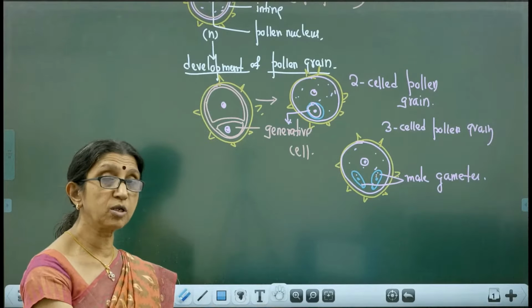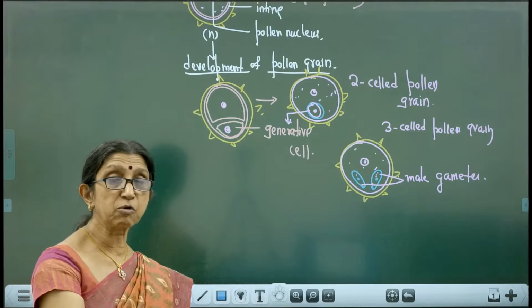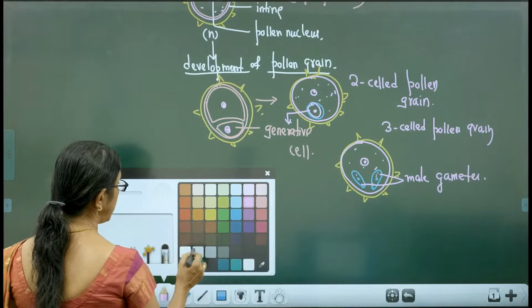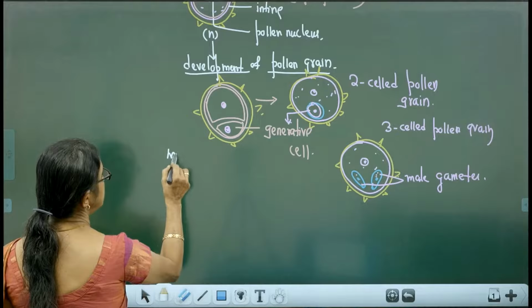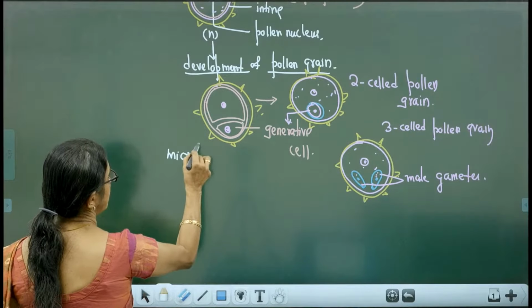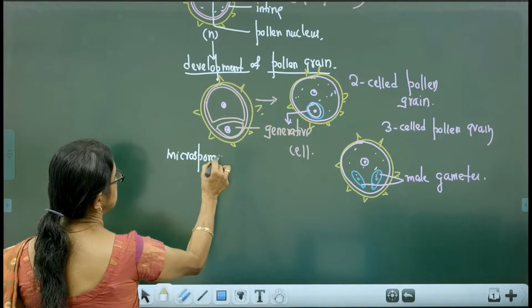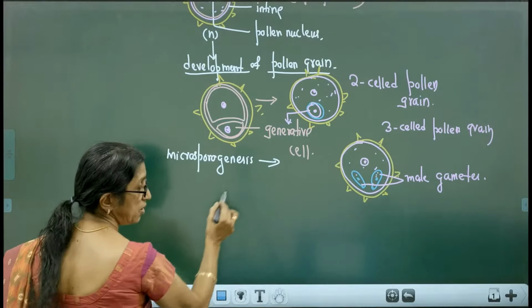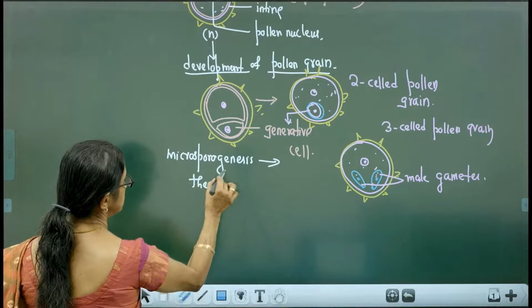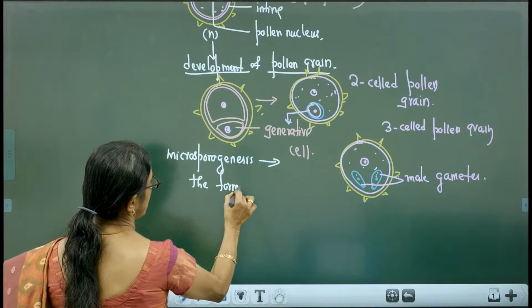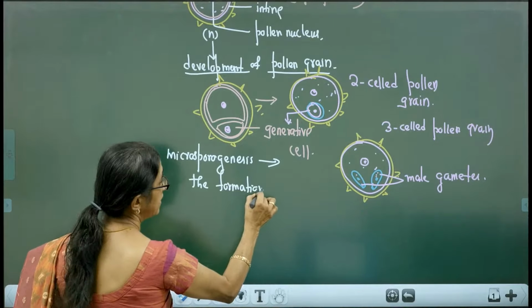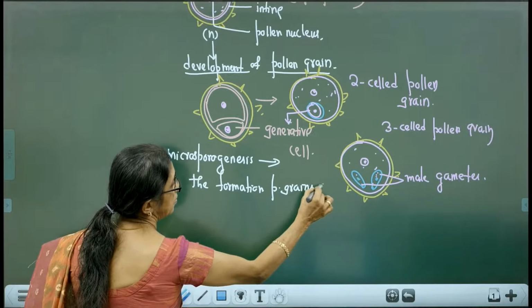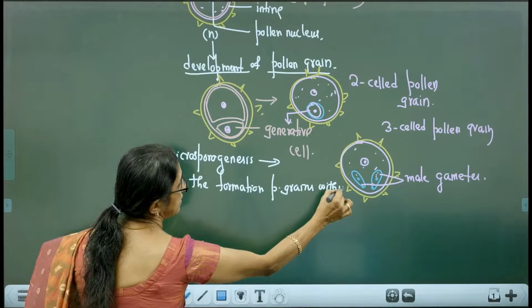So what do you call the process by which microspores are produced within the anther? That process is called microsporogenesis. Microsporogenesis refers to the formation of pollen grains within the anther.